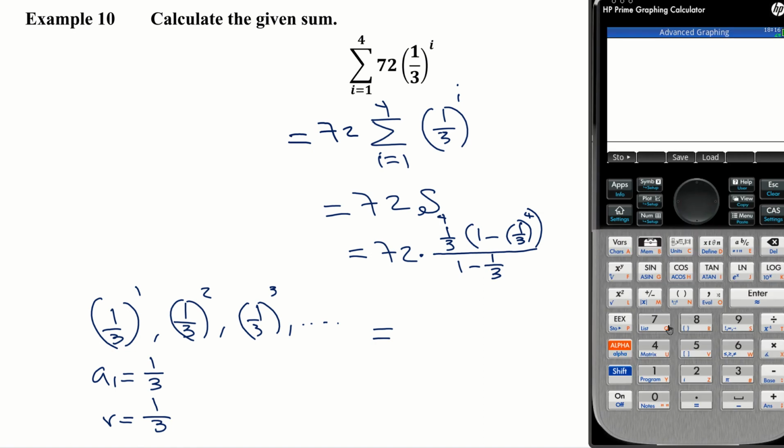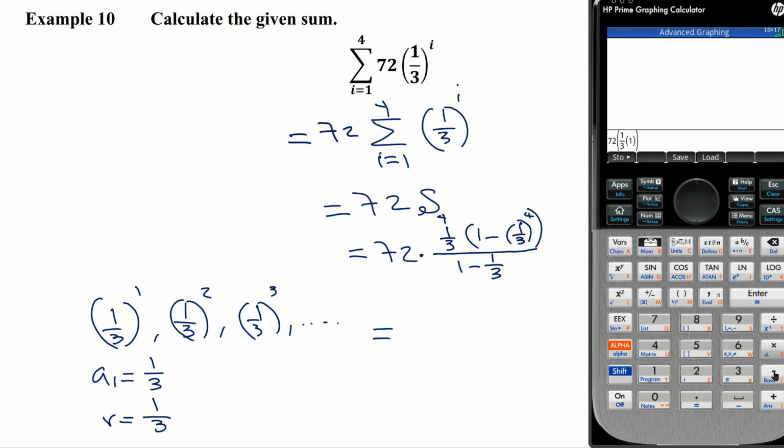All right, so 72 times 1/3 times, oh, we don't want to be there. We need to get out of the fraction there. So we're going to hit the right arrow once, and now we can put the parentheses again.